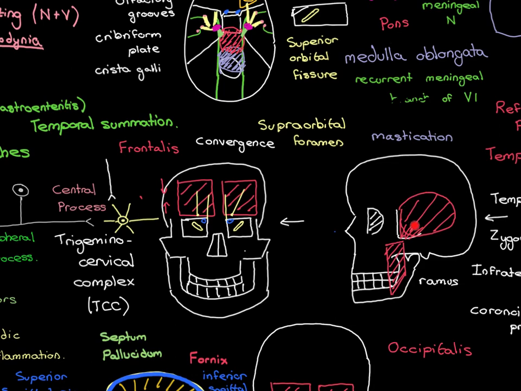And indeed, if you activate meninges in the posterior portion of the middle cranial fossa, that often refers to the temporal region as well. Not usually the jaw, it's usually the temporal region, this sort of region, which is also innervated by the peripheral branches from the mandibular nerve. But it's not usually down in the jaw, it's usually this region, which is of course innervated by the auriculotemporal branch of the mandibular nerve.